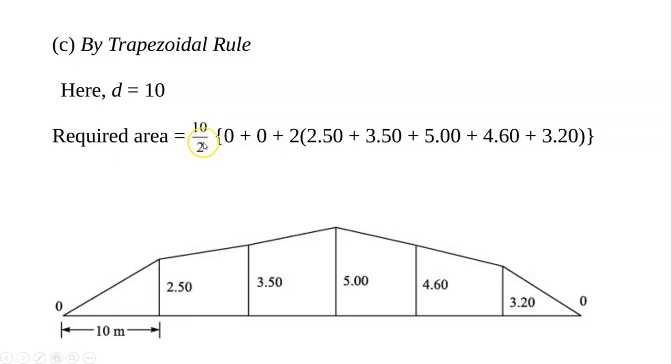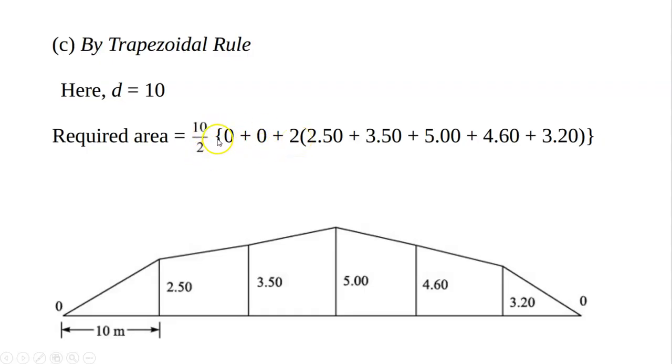D is 10, divided by 2, into the first offset plus the last offset, or simply d into the first offset plus the last offset divided by 2, but that 2 is taken outside, so there is no divided by 2 here, but it is multiplied here.